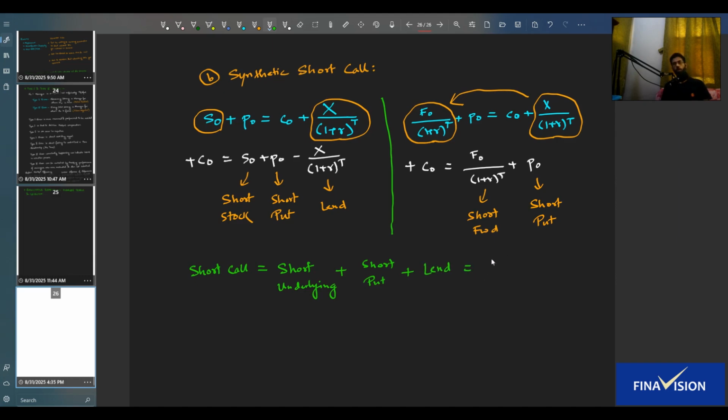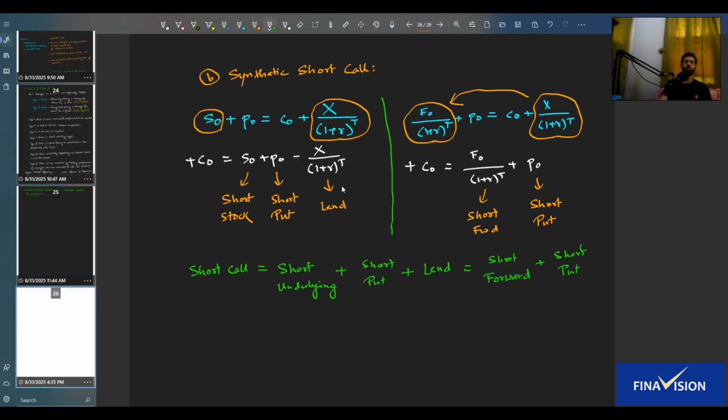This is equal to short the forward plus short the put. Again, we ignore the borrowing or lending part because there are no initial cash flows in case of a put call forward parity equation, right? So this is how it goes.